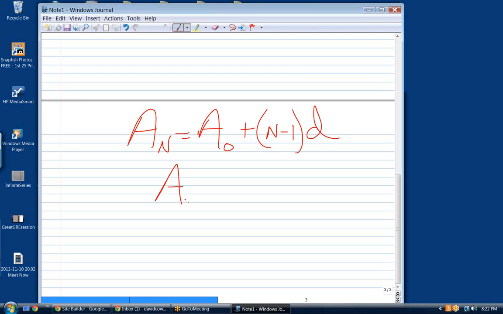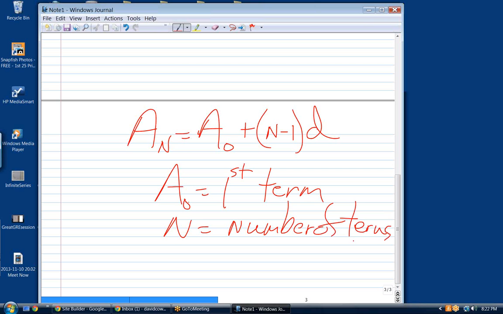A sub 0 is the first term in the sequence. N is the number of terms. And D is the common difference. So this is recursive or explicit? This is explicit.